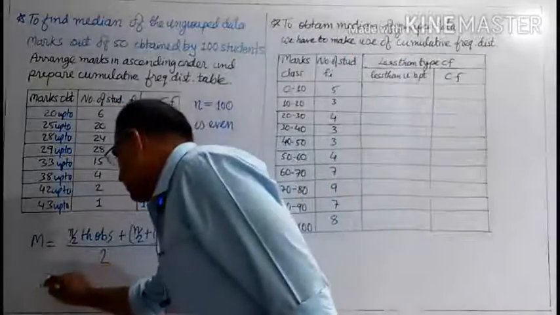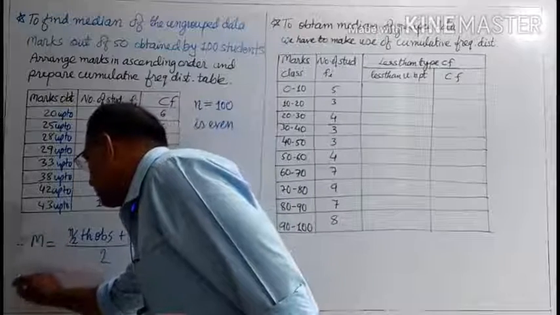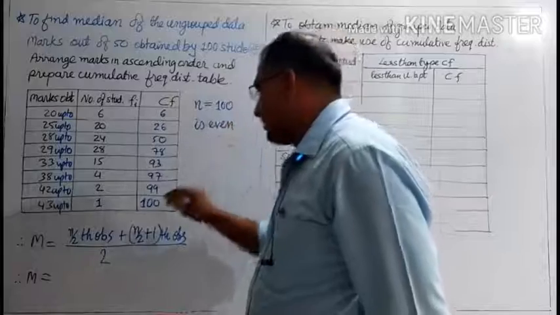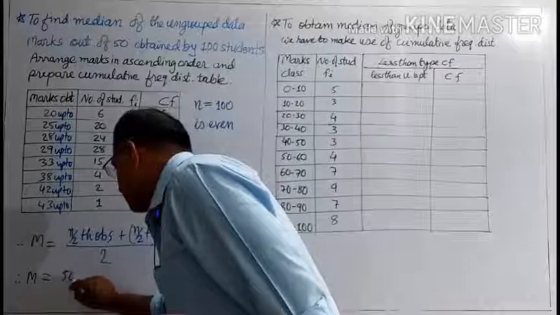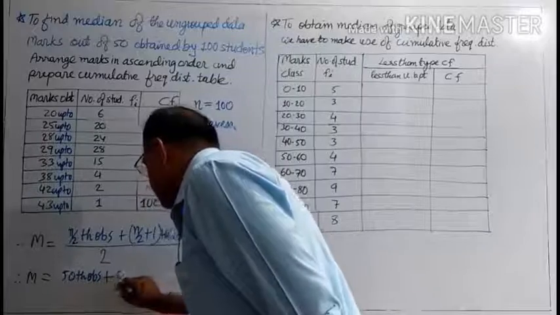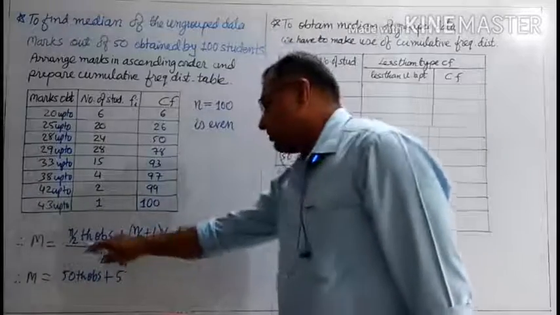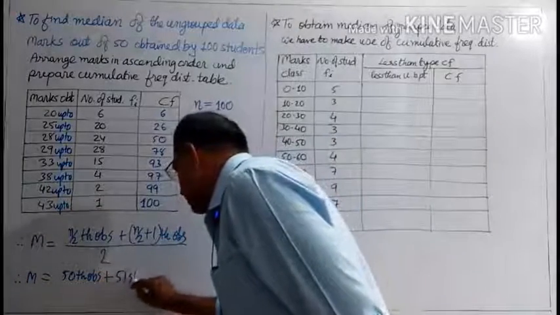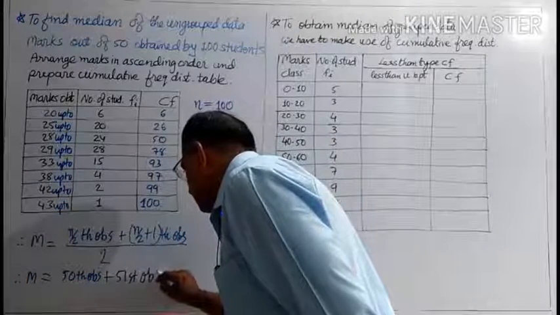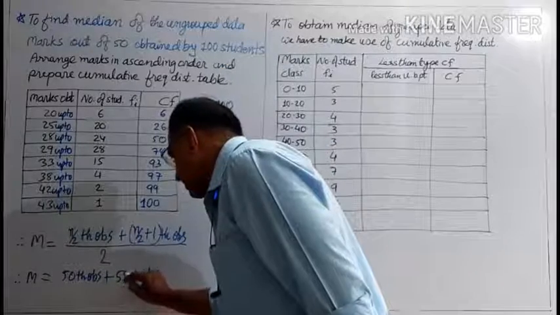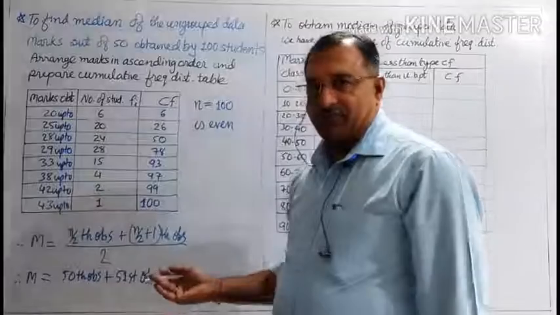So first of all, therefore here median is equal to n by 2th observation, that is 100 by 2, that is directly we can say 50th observation, plus next to that, 50 plus 1, that is 51st observation. So these are the 2 middlemost observations out of 100. You see, in 100, middlemost is 50th and 51st.